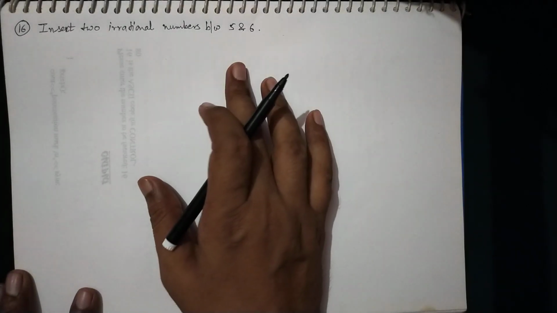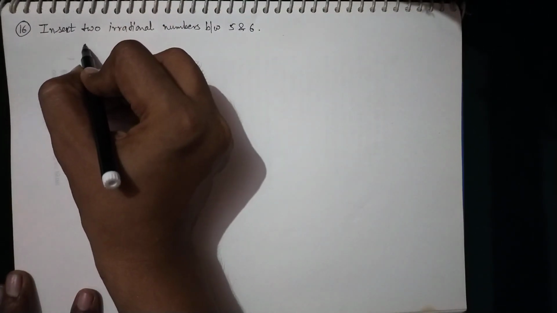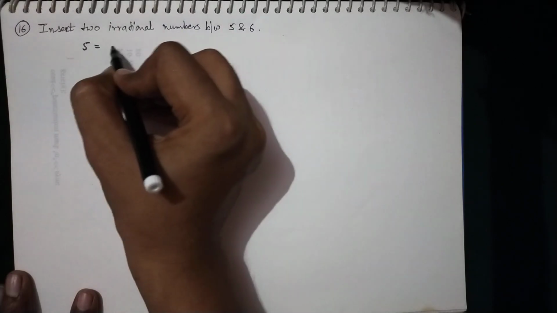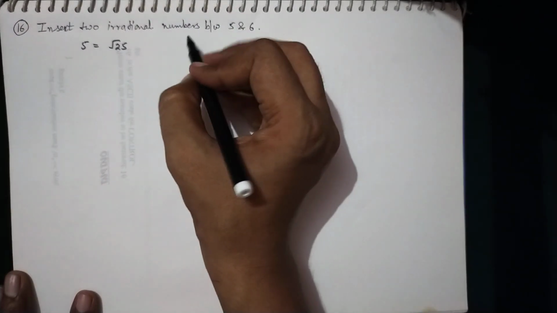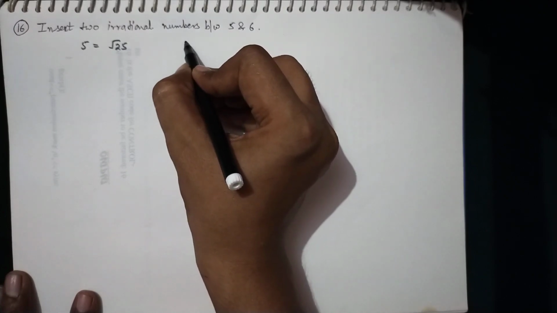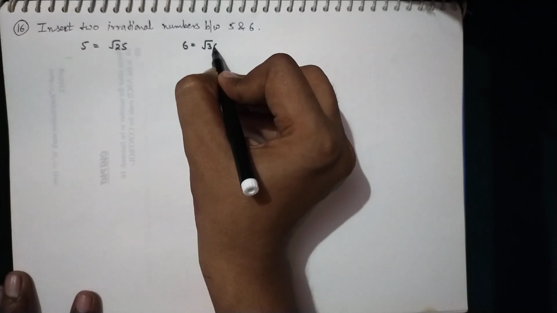Here the question is to insert two irrational numbers between 5 and 6. For that, first of all, we are going to write this in the form of root. That is, 5 can be written as root 25 and 6 can be written as root 36.